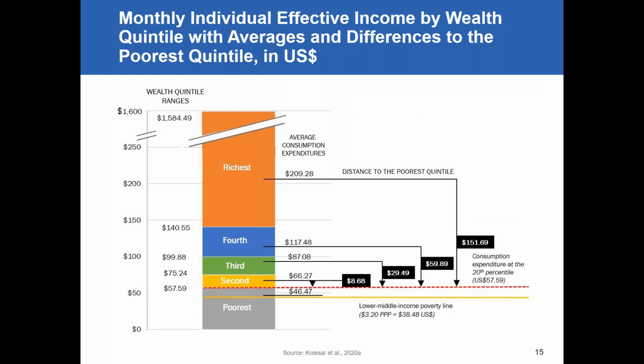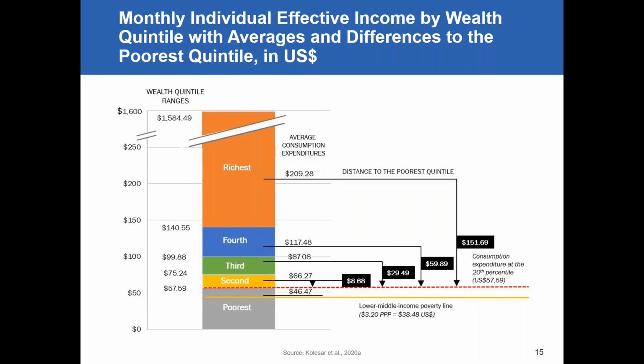There's a lot of evidence showing that in Cambodia, as in many countries, many people are grouped towards the bottom of the wealth distribution. We can think about financial vulnerability as the ability to pay for a healthcare episode without falling into the poorest wealth quintile. This figure shows monthly income by wealth quintile with averages and differences to the poorest quintile.